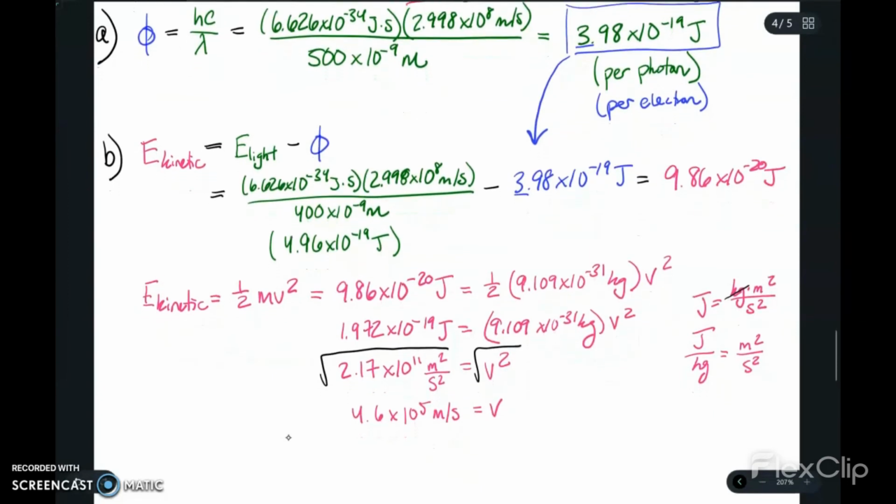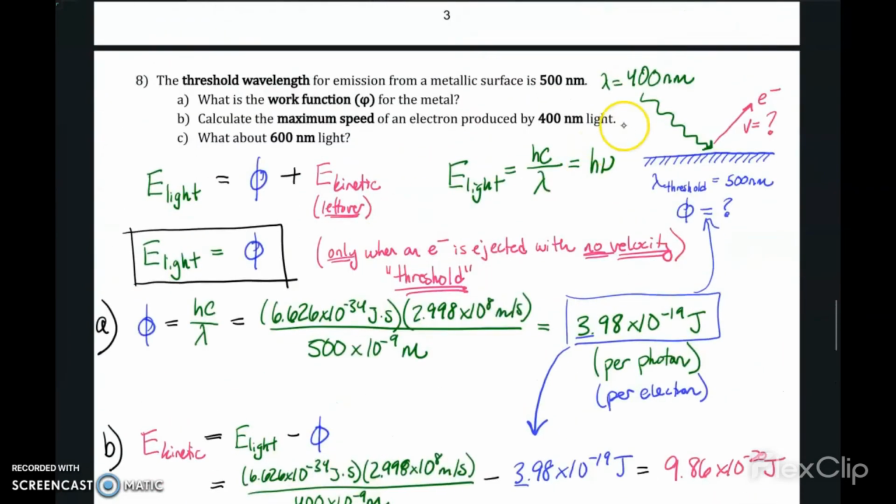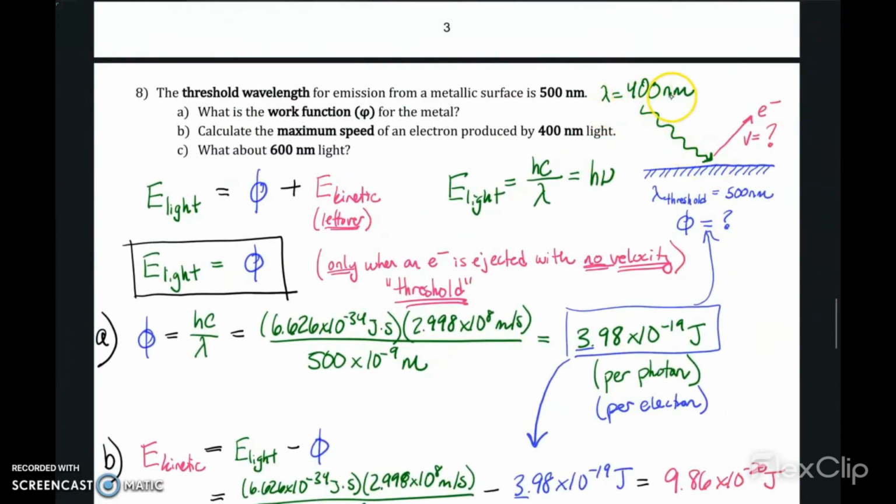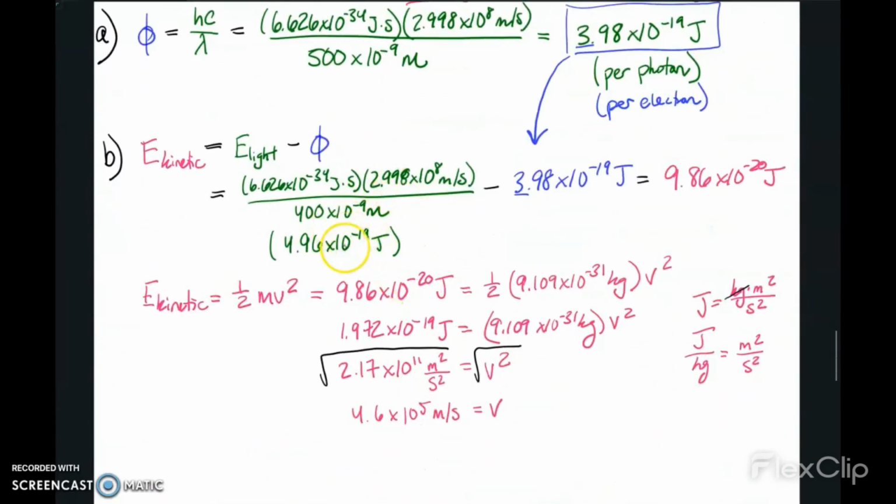So notice with that problem, you need to recognize the relationship between the 3 different energies. We need to know that we're going to calculate the energy of the light again because now we have a different wavelength coming in. Let me scroll back up to our picture here. It's 400 nanometers now instead of the 500 nanometers that we used to solve for the work function. So 400 nanometer light coming in, we solve for that energy of that light. We use the work function that we figured out from the threshold wavelength of 500 nanometers.